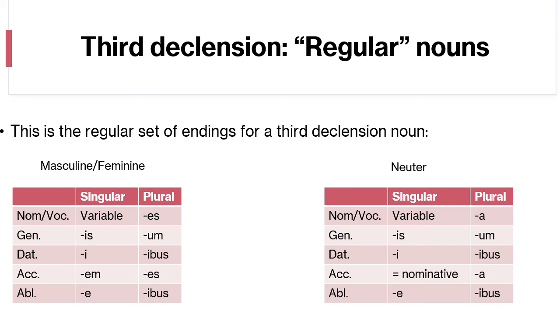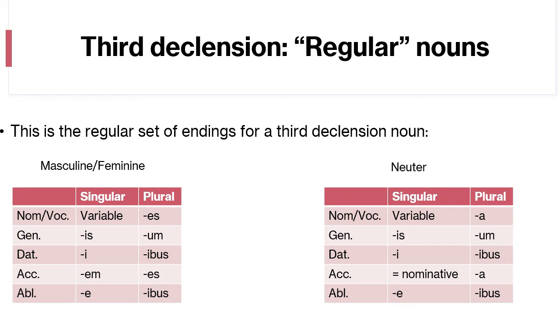As you can see, the nominative is variable and it always coincides with the vocative, so there is no problem of distinguishing them like in the second declension. The genitive is in -is, the dative in -i, the accusative in -em, and the ablative in -e. As for the plural, we have -es, -um, -ibus, -es, -ibus.